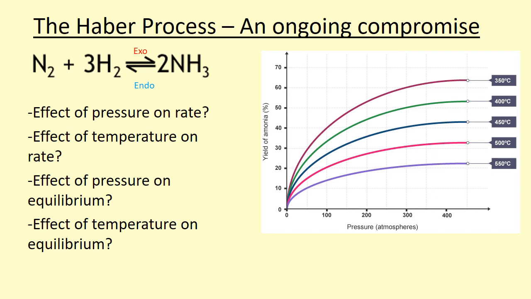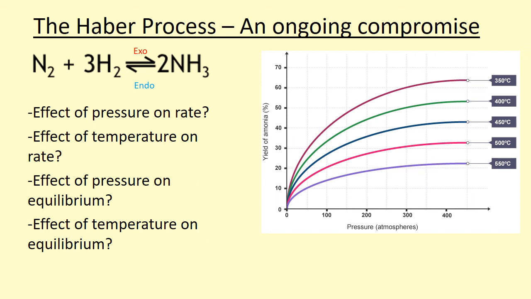So we've got 4 moles of substances on the left hand side, whereas on the right hand side we only have 2. So if we increase the pressure, the equilibrium is going to favour moving towards the products, towards the ammonia. Equilibrium will shift to the right hand side. And we can see on the graph, as we increase pressure, we increase our yield of ammonia.